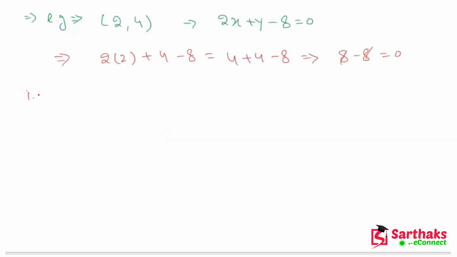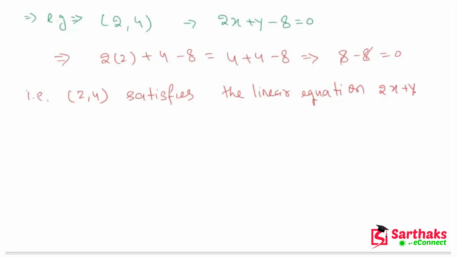So we can write that (2, 4) satisfies the linear equation 2x plus y minus 8 equals 0.